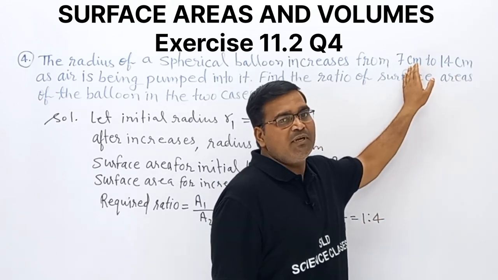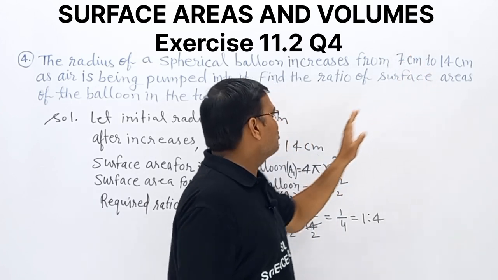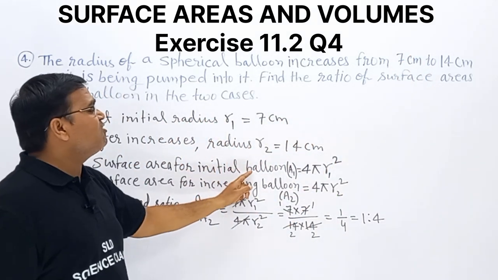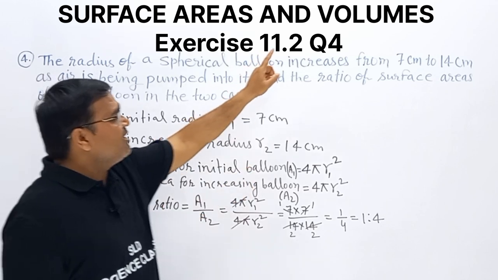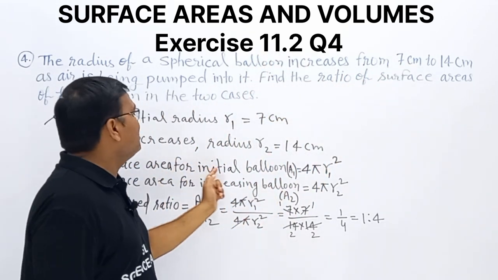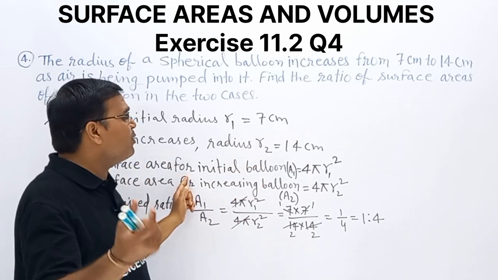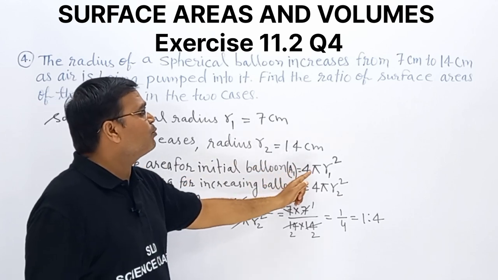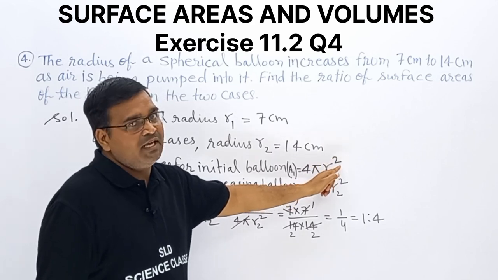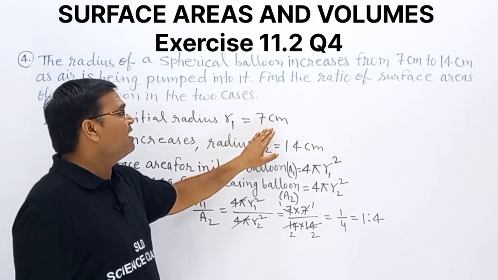The balloon is in the shape of a sphere, so the surface area of the initial balloon, with initial radius 7 centimeter, is 4 pi r1 square. We consider r1 as the initial radius.